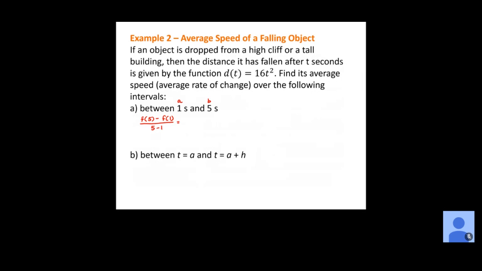Now we just need to substitute those values into our function. So this is going to be 16 times 5 squared minus 16 times 1 squared all over, and I can go ahead and subtract here. 5 minus 1 should give us 4.